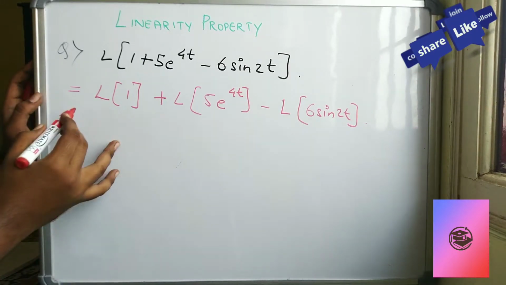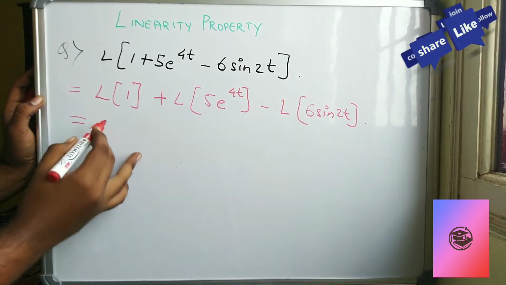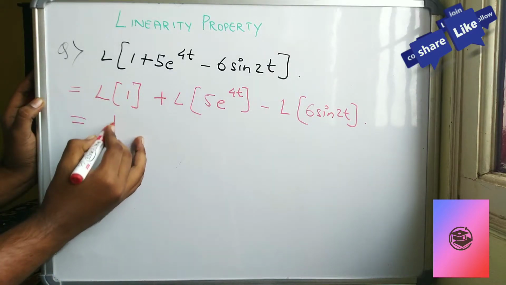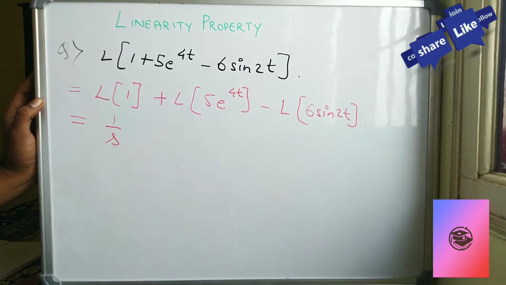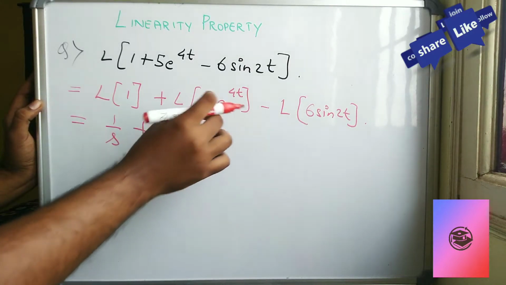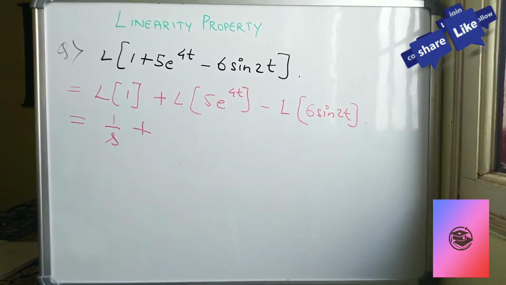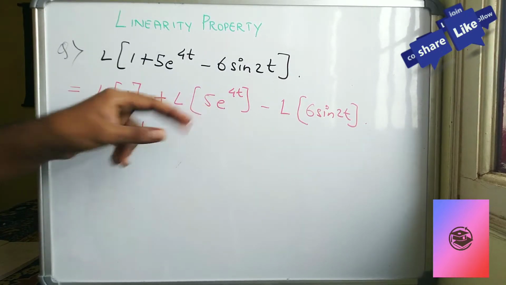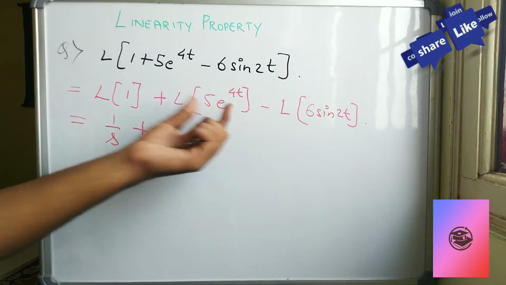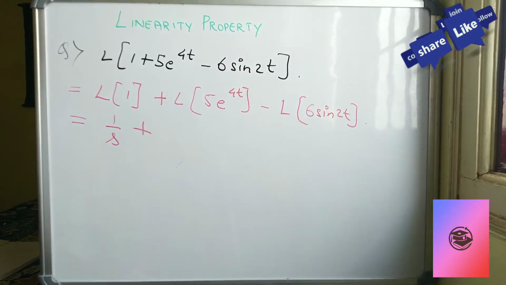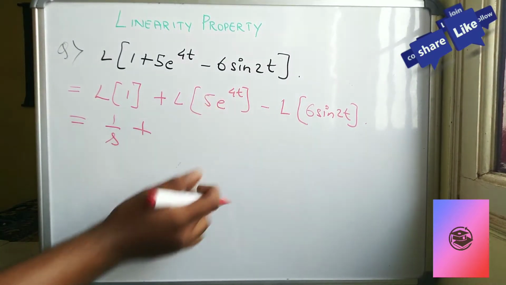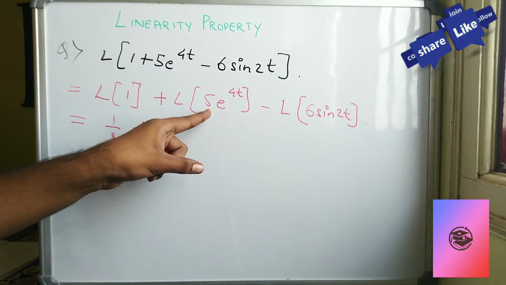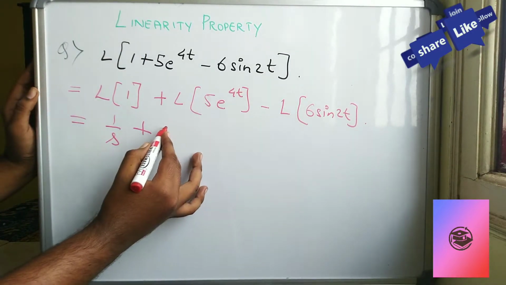Now the Laplace transform of 1, we know, is a by s, where a is 1, so it is 1 by s. Plus the Laplace transform of 5 e power 4t. Now observe here, the constant is in product with a function, e power 4t. Whenever a constant is multiplied with a function, you have to take this constant outside, that will be 5.